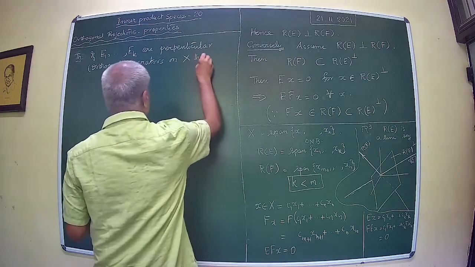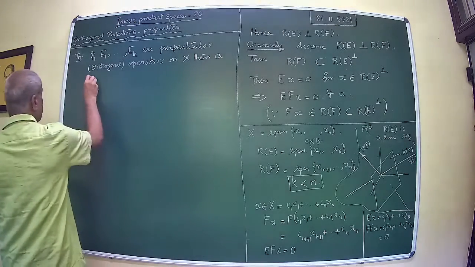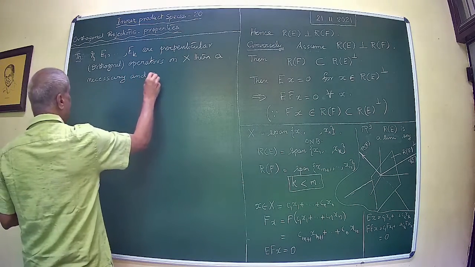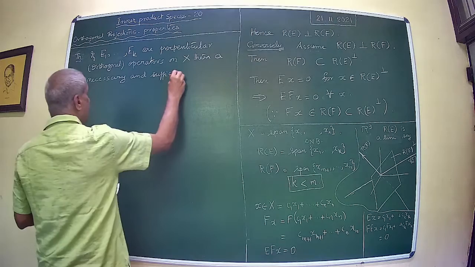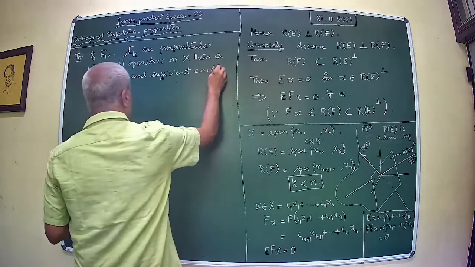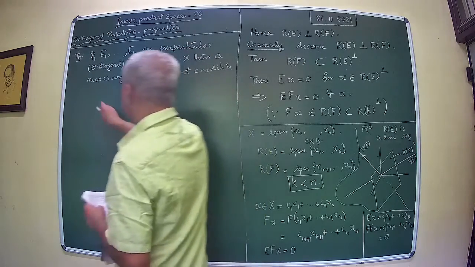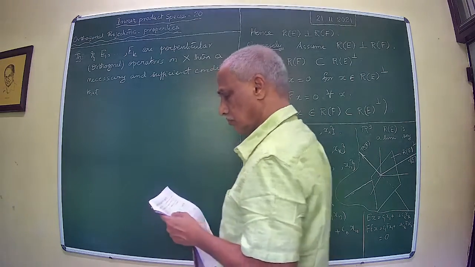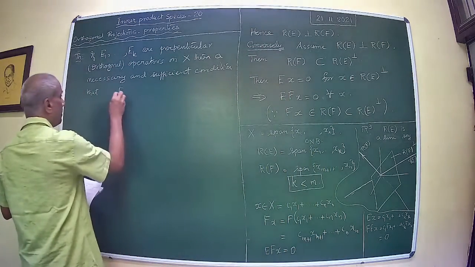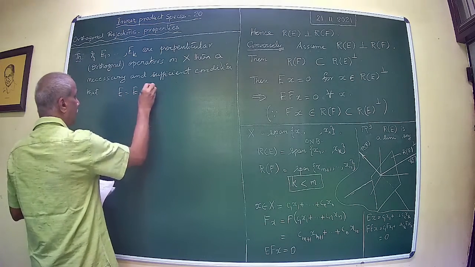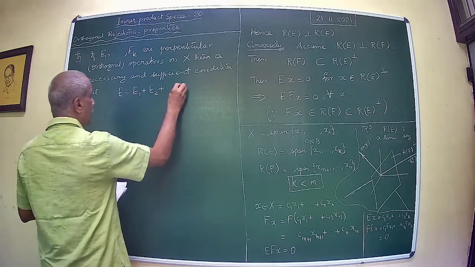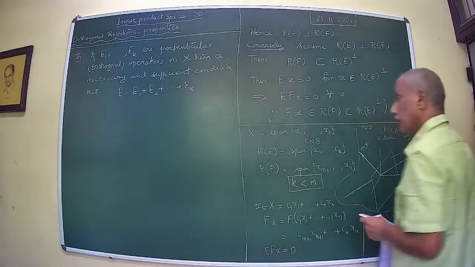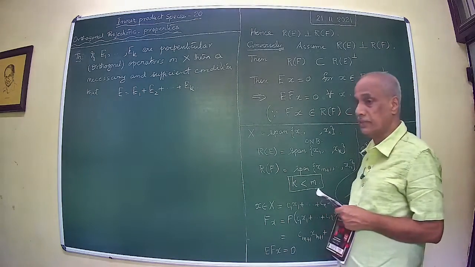Then a necessary and sufficient condition that E equal to the sum of the Ei be a perpendicular projection is that Ei and Ej are mutually orthogonal for all values of i and j. You know that the sum of linear operators is again a linear operator. So you are asking whether it's an orthogonal projection.